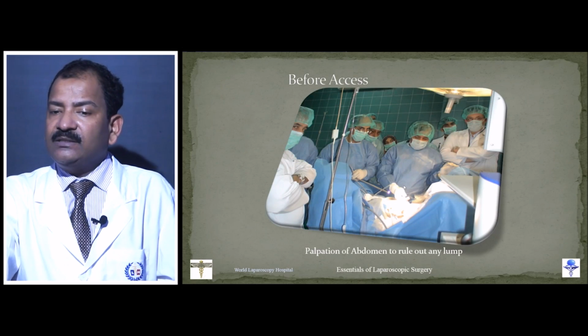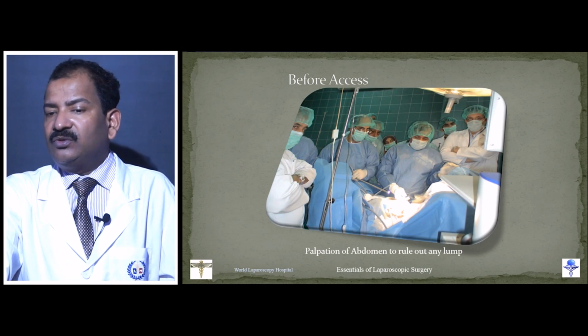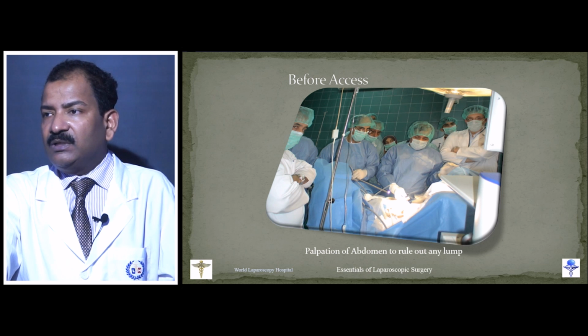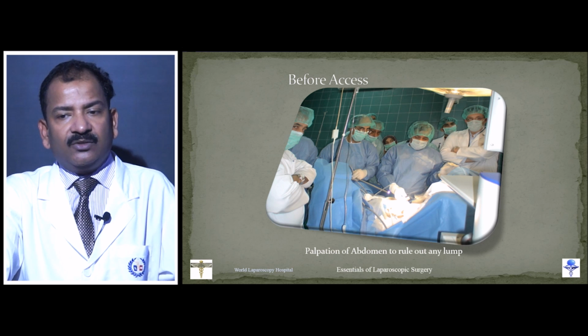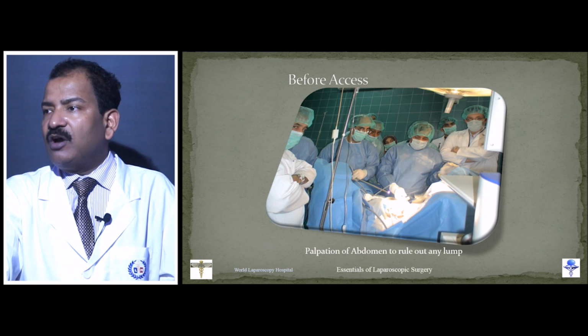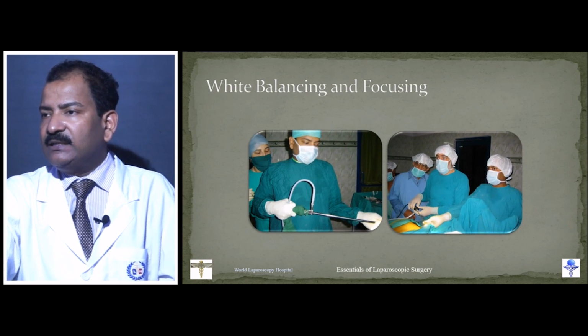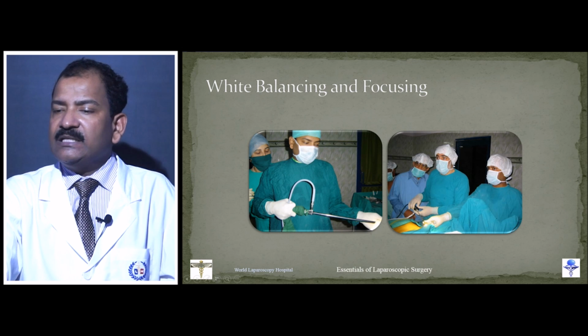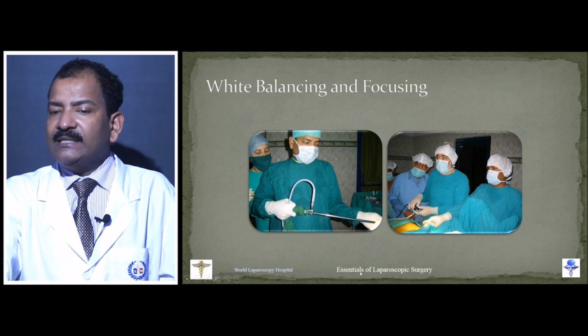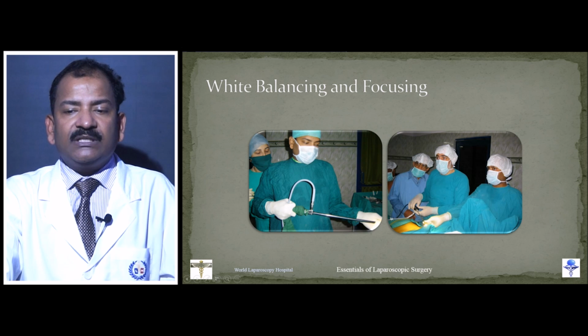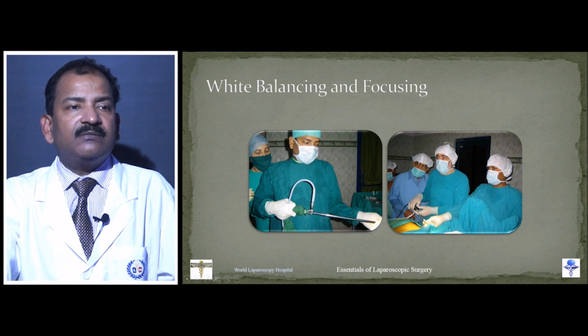So, before access, you should anesthetize the patient, and check for any lump; there should not be any lump in the abdomen. If the bladder is full, you should put a Foley's catheter. Then you do the white balancing and focusing, white balancing with a white object, focusing at a distance of 10 or 5 centimeter.